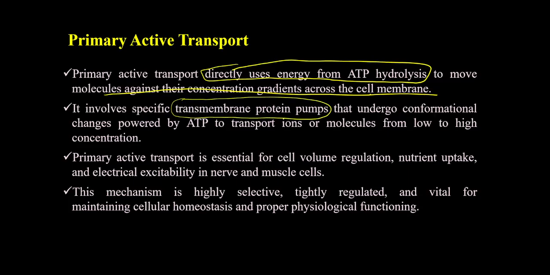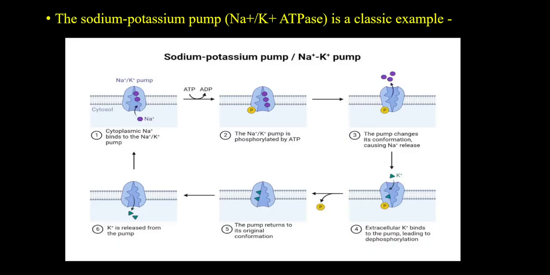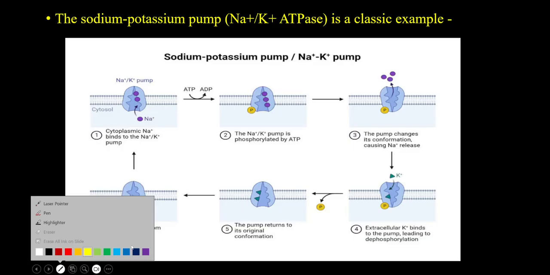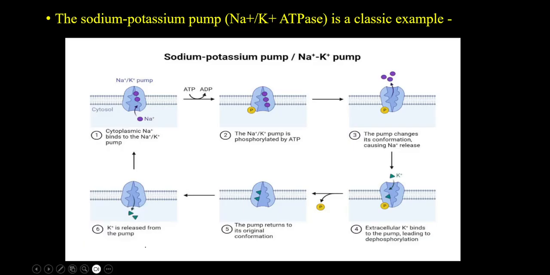We have already discussed that these pumps will undergo conformational change powered by ATP to transport ion or molecule from low concentration to higher concentration, and this type of transport is essential for cell volume regulation, nutrient uptake, and electrical excitability in nerve cells or muscle. Okay, so here is the sodium potassium pump, which is a classic example of primary active transport. So let's discuss it.